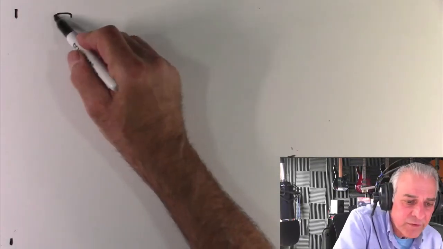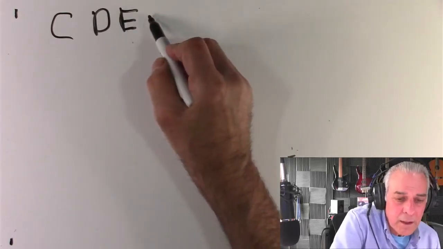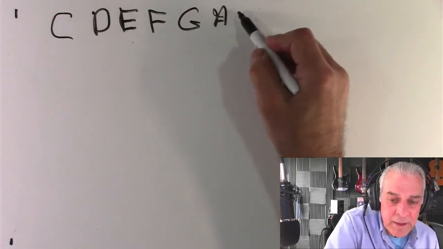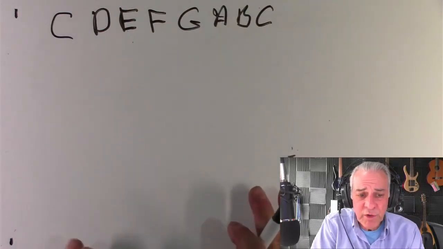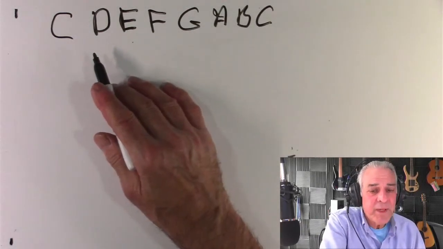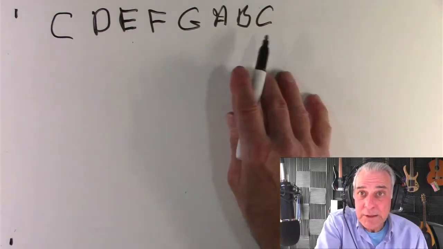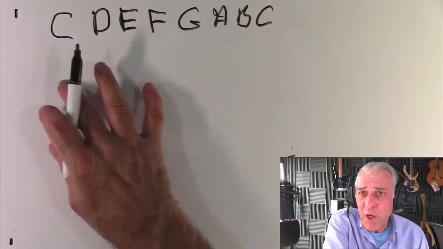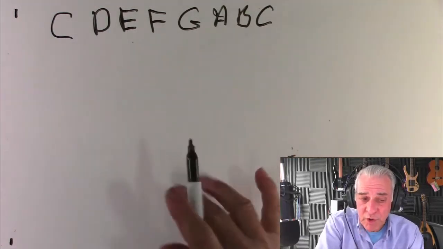So we have C, D, E, F, G, A, B, C. We have the lower tetrachord and the upper tetrachord. There's 4 notes in each. There's only 7 notes in existence, but we're using the octave twice, and that gives us 2 symmetrical shapes.